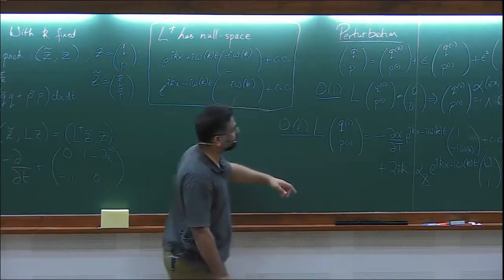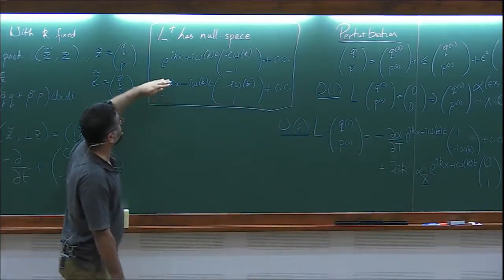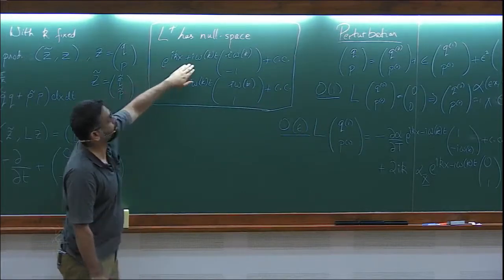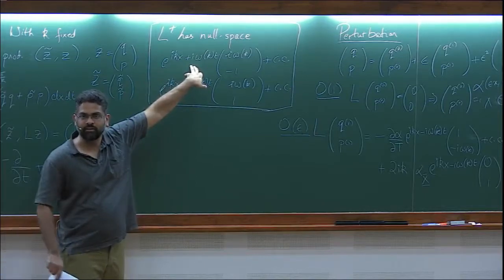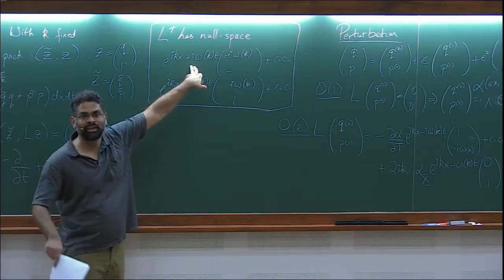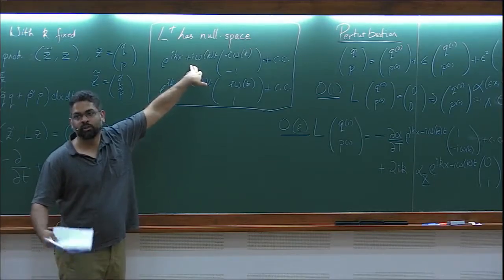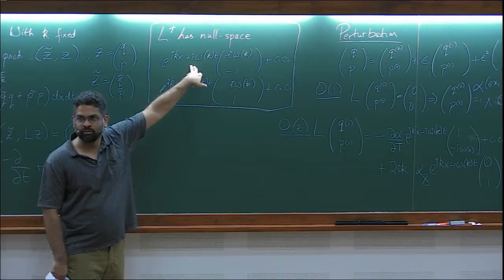If I were to multiply this e to the ikx minus I omega kt times, let's say, e to the ikx plus I omega kt, the omegas will cancel, but I'll get e to the 2 ikx, which I will integrate over a period, which will go to 0. So that's fine.